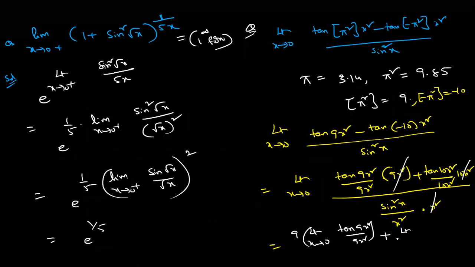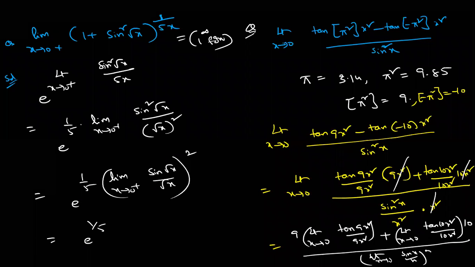Plus limit x tends to 0, tan 10x square by 10x square into 10 outside, by limit x tends to 0, sin x by x whole square. So what is the final answer, dear students? 9 plus 10 by 1. So the answer is how much? 19. Yes, correct, absolutely.